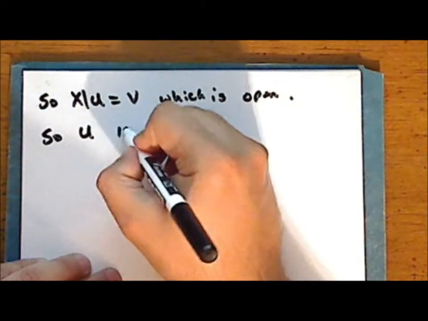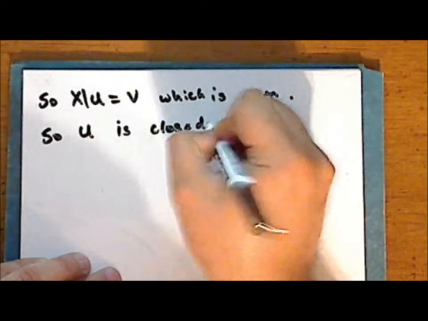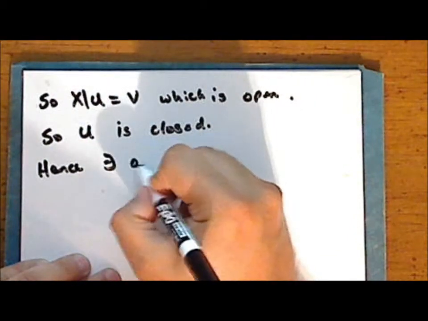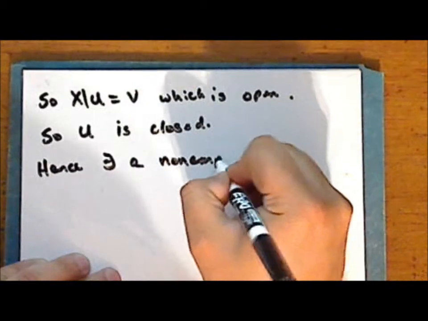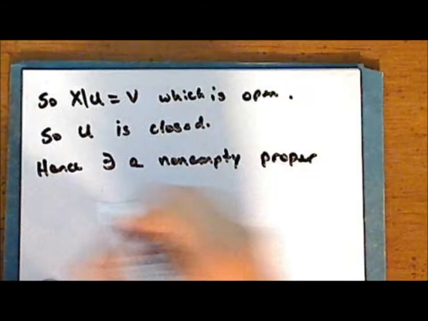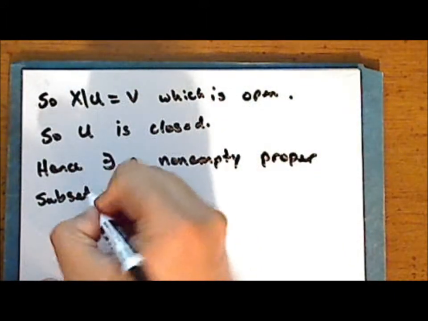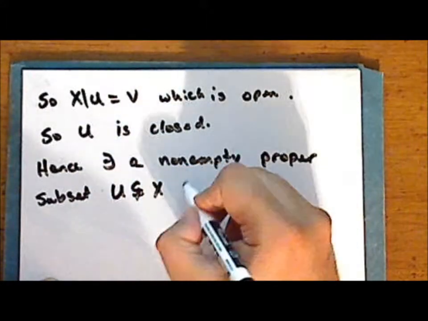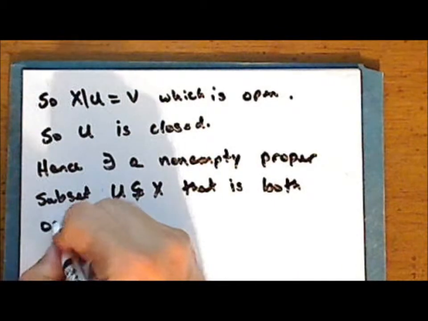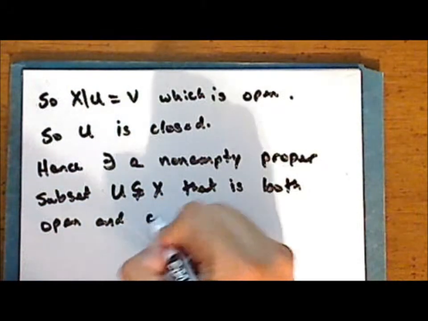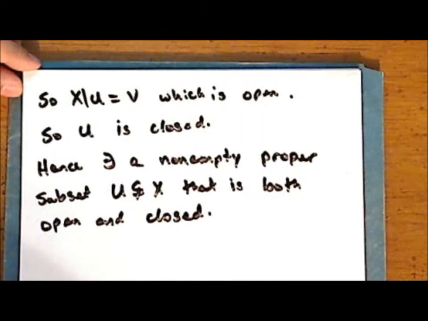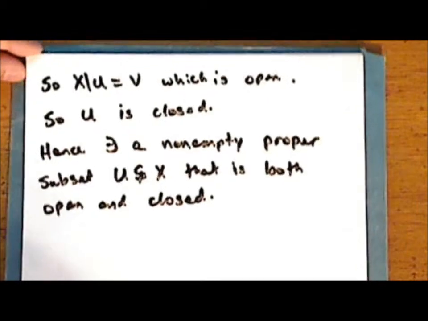So the set U is closed, and hence there exists a non-empty proper subset U of X that is both open and closed. Now the same is true of the set V, but we need merely show that there exists at least one.